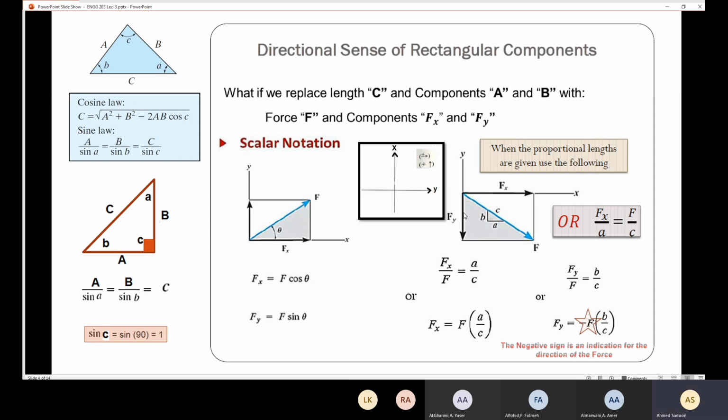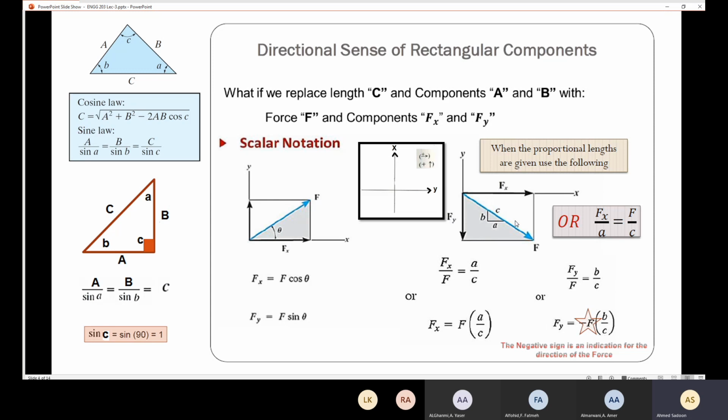And also, I could use the proportional length. Sometimes they don't give us the angle; they give us the proportional length. And also we need to learn how to decompose F into Fx and Fy using the proportional length.